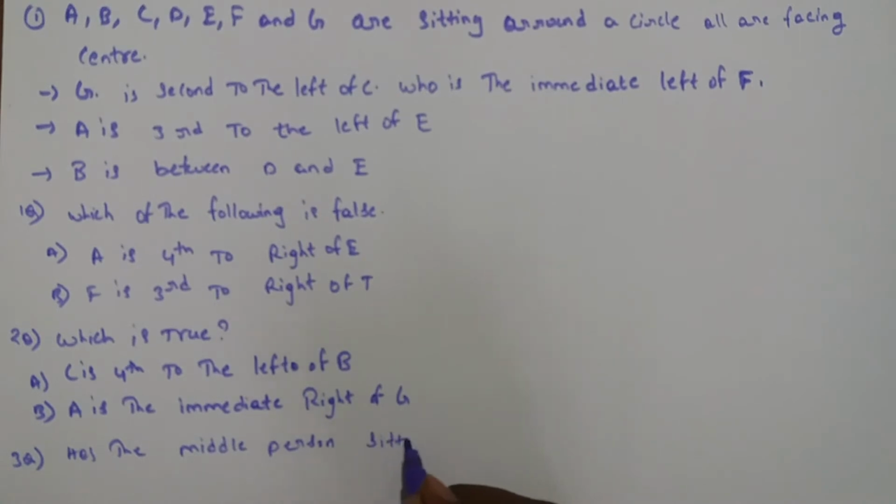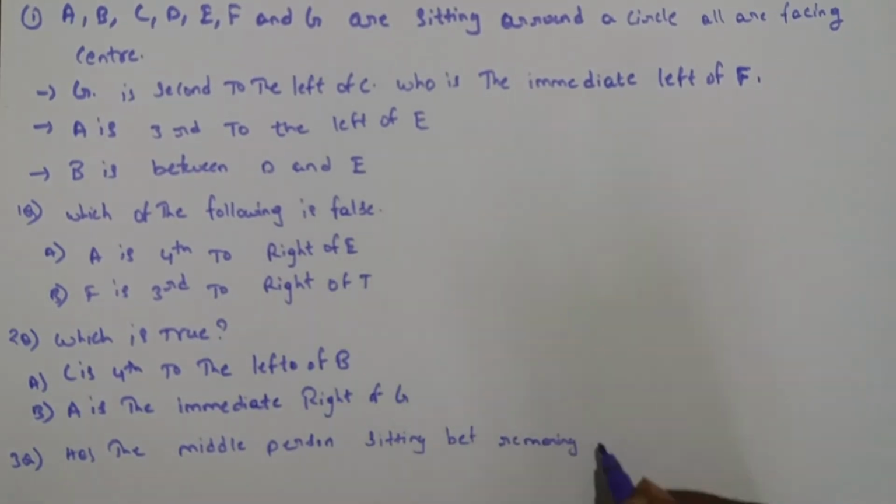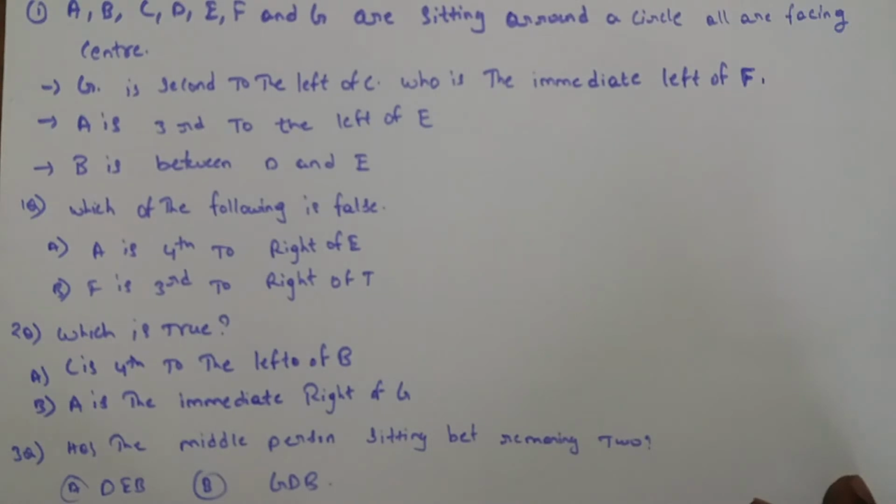The first option here is DEB. The second option here is GDB. These are the options. Now we have to find out which of the following is the correct statement here.